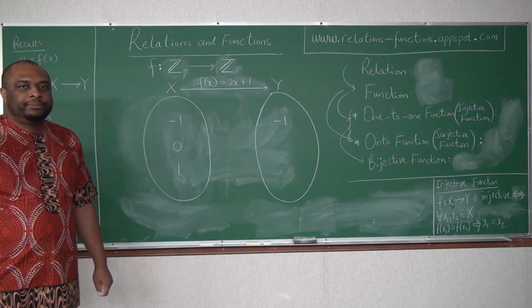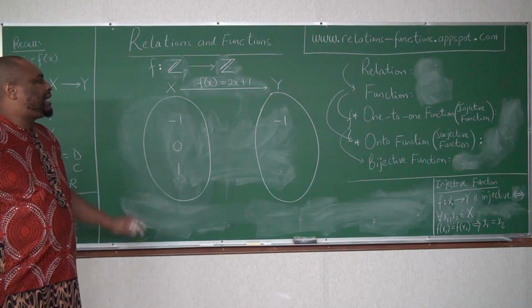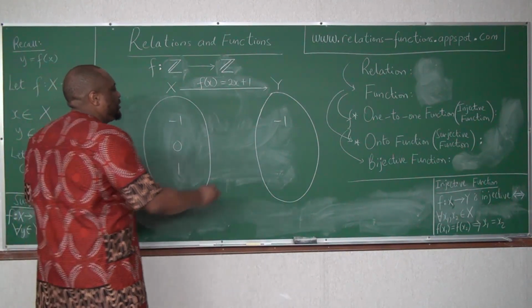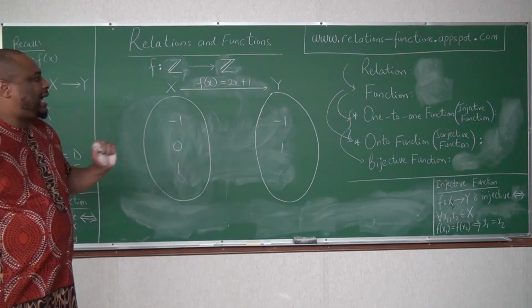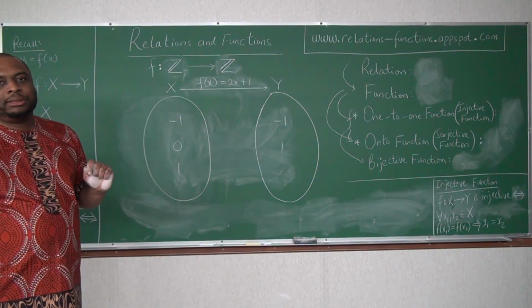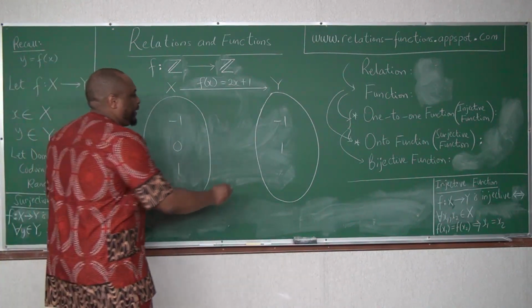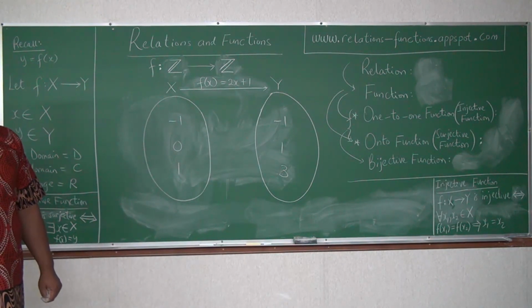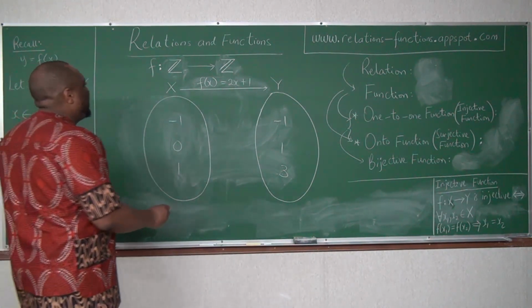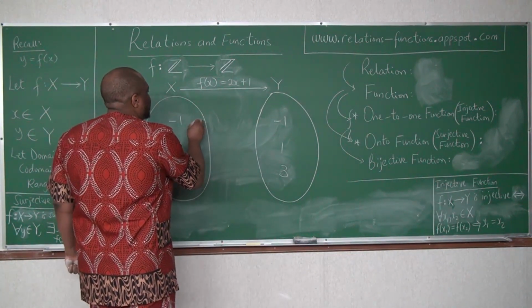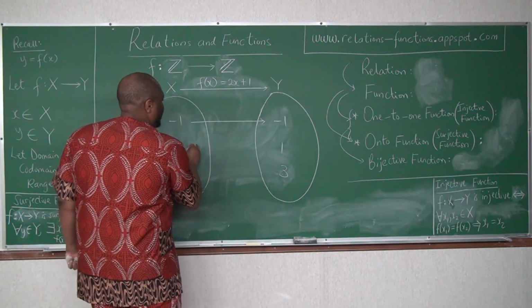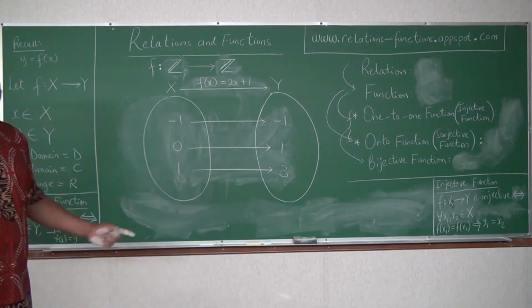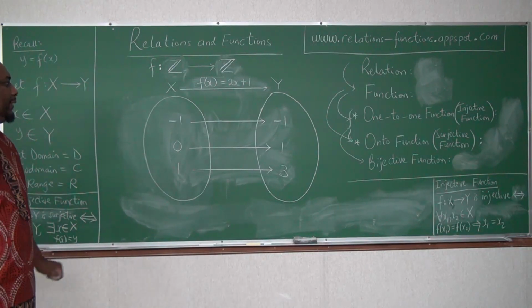You owe 2, you have 1, so you owe 1. 2 times 0 is 0. 0 plus 1 is 1. 2 times 1 is 2. 2 plus 1 is 3. So -1 maps to -1. 0 maps to 1. 1 maps to 3.